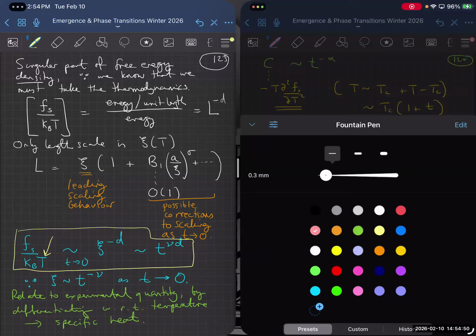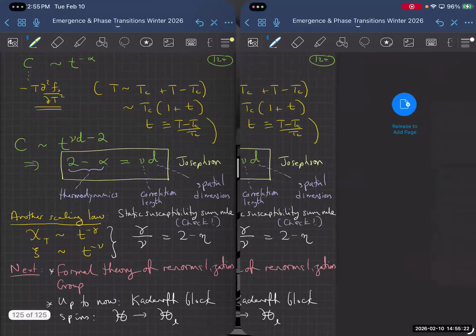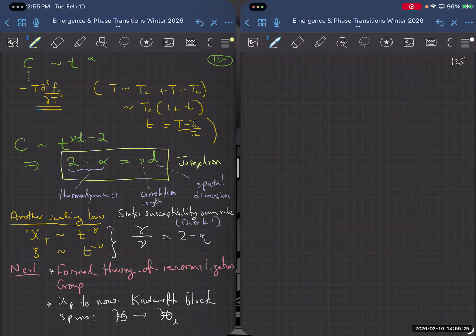And so up to now, we had Kadanoff's block spins. And we had the idea that the Hamiltonian is now a Hamiltonian that depends on scale. So there's an effective Hamiltonian that depends on the scale at which you are looking at the system. And so now let's talk about, well, does this work or does it not work? So the implications of this picture.